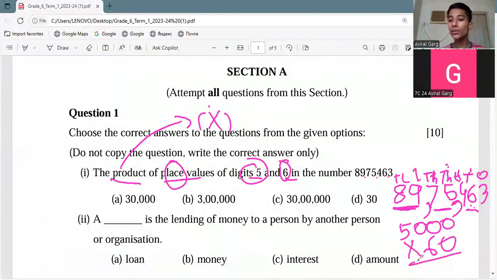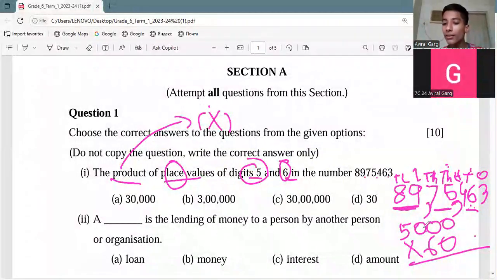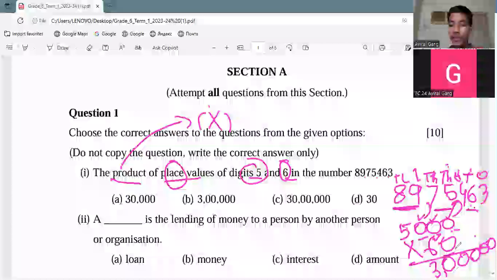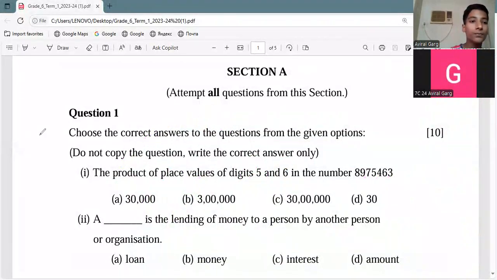So 5,000 multiplied by 60, we will do it simply because we have zeros at the end of both the numbers. 5 into 6 is 30. Remaining zeros: 1, 2, 3, 4. Total 4. Now we will add 4 zeros here. Which number is this? 3 lakh. Yes, option B is the correct answer.